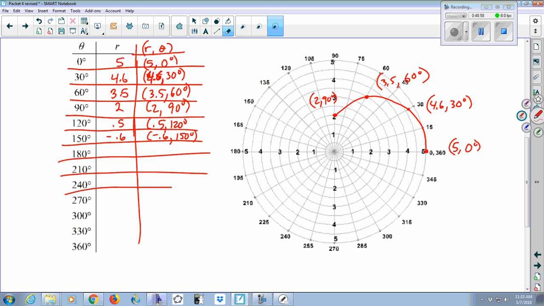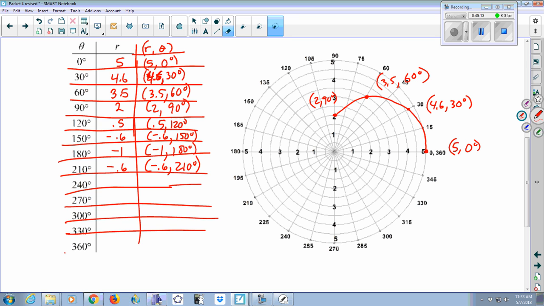180, I have a negative 1. Do I have a match on that? Okay. 210, it's a negative 0.6. Match on that. 240, I have 0.5. 360, I'm back to where I started at 5.